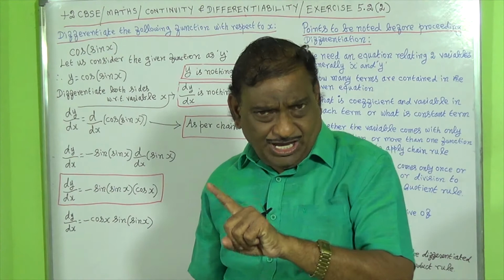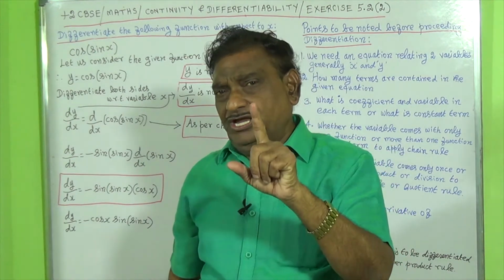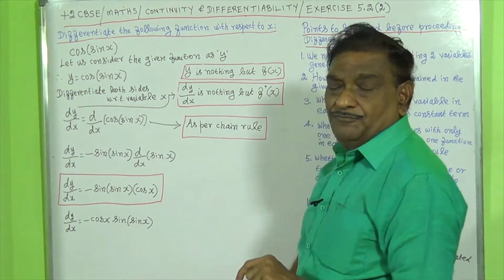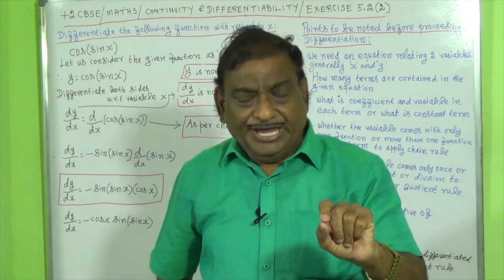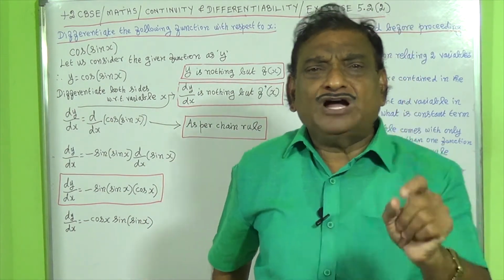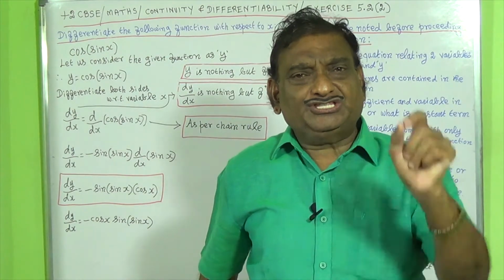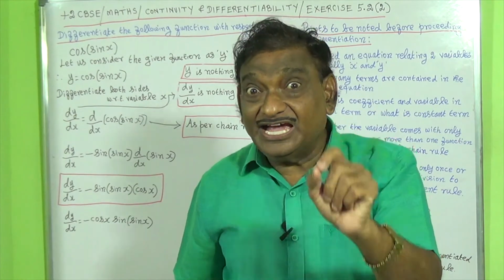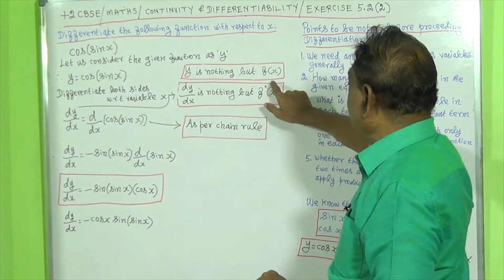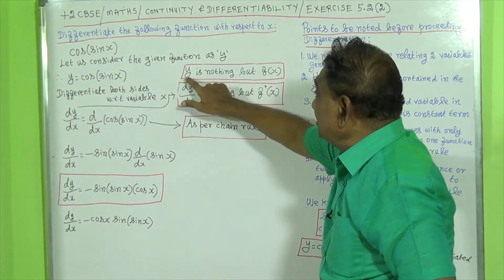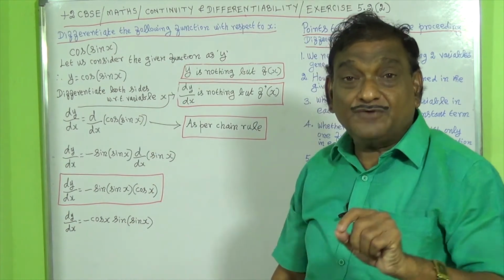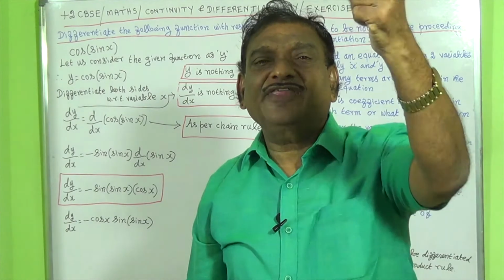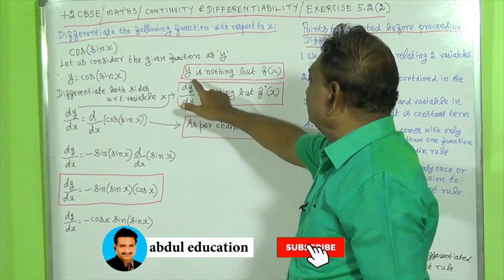What is this y? Y is nothing but f of x. What is f of x? F of x is the function of x, that is the function of distance. The x represents the distance, y represents the height. So the function of distance, that is x, is used to find the height, that is y.